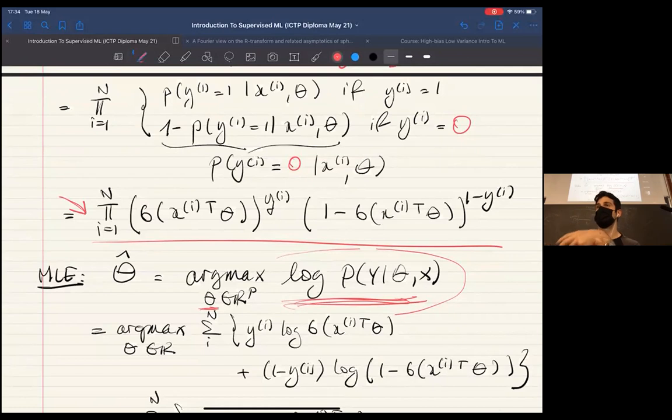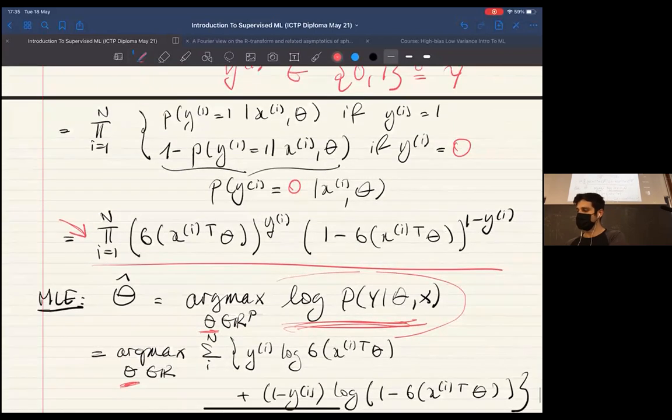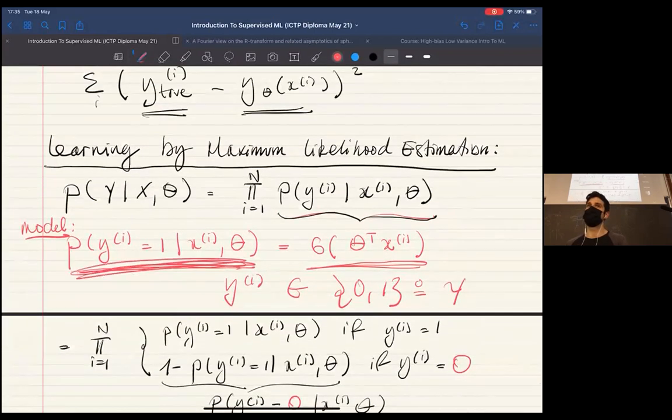And then to define the cost, I take minus the log likelihood. And minimizing this is the same as maximizing the probability of the labels that I observed according to my model. I'm finding the parameters theta such that according to my model, which is of this form, the labels are actually the ones that I observed, that I have access to. Is it clear?